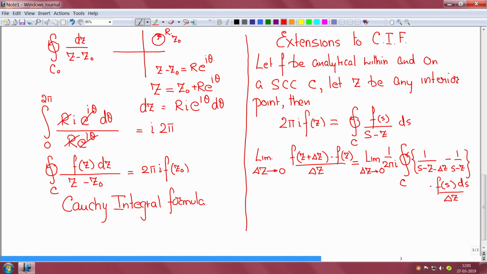This is for f of z plus delta z, this is for f of z.